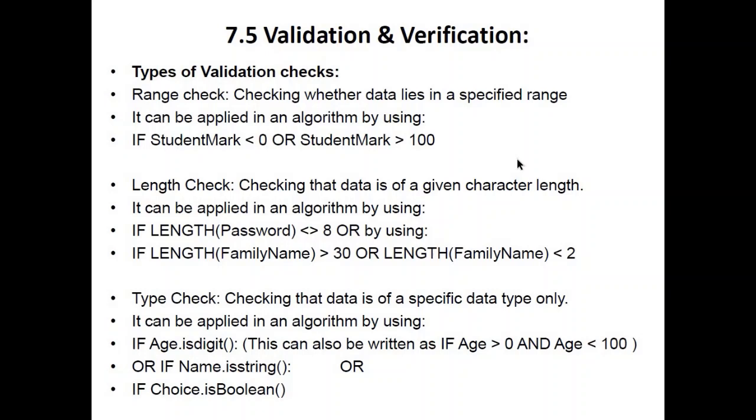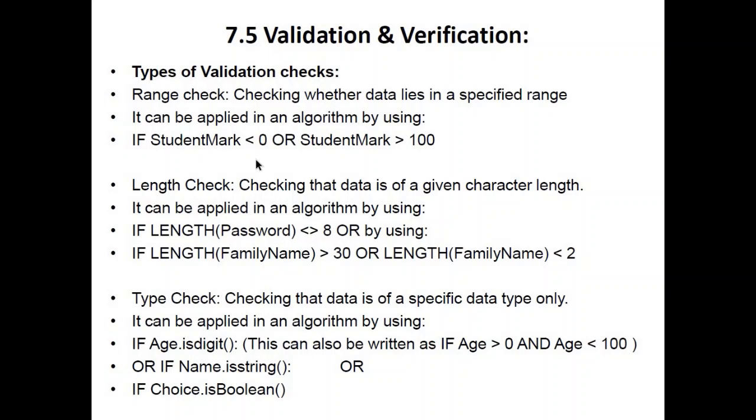The first and most common is known as a range check. It means checking whether the inputted data lies in a specified range or not. It can be applied in an algorithm by using the if statement. For example, if student marks is less than 0 or student marks is greater than 100, then you would generate an error.